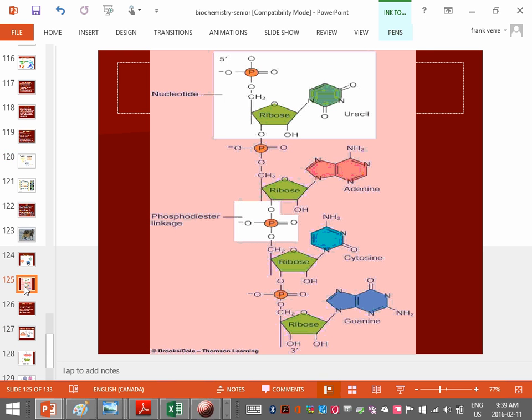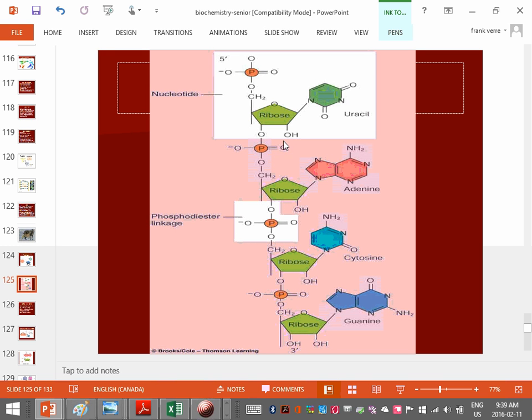So here's RNA. RNA, ribonucleic acid, versus deoxyribonucleic acid, has one extra oxygen.